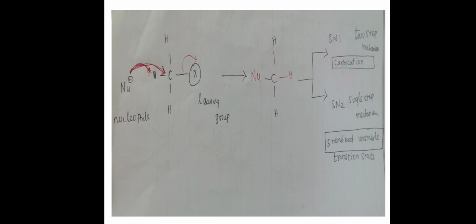The intermediate generally means a carbocation. The unimolecular reaction has a carbocation intermediate, but the bimolecular reaction does not form an intermediate. There is only a 5-member transition state.